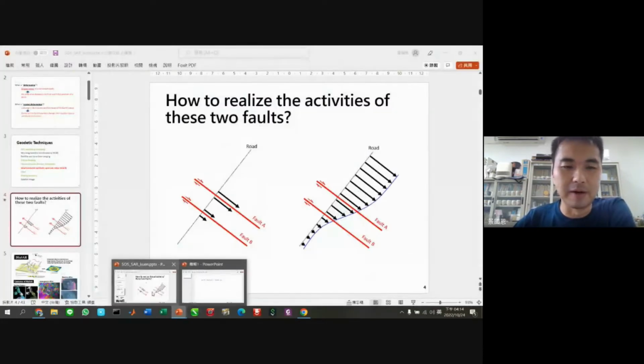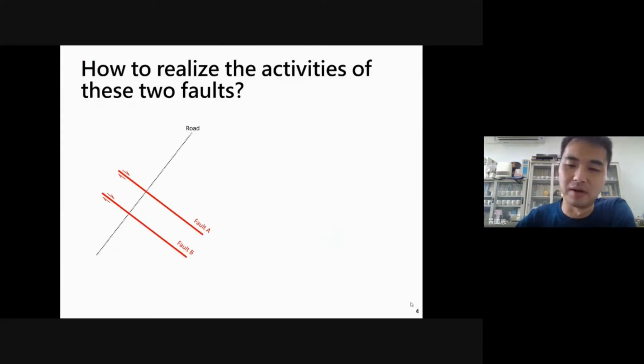Okay, so in general, most people would like to install GNSS sites or select the velocity from InSAR results across these two faults like this. So we will get a velocity difference across these faults.